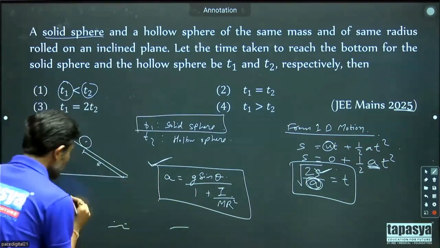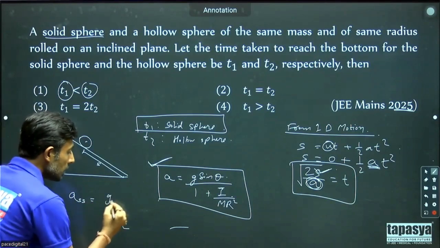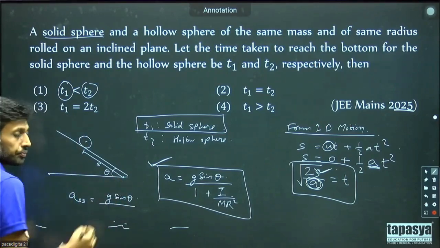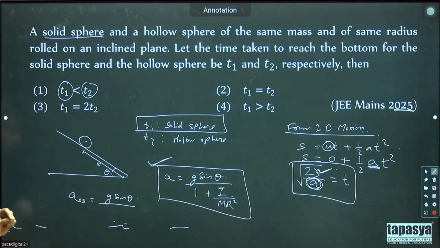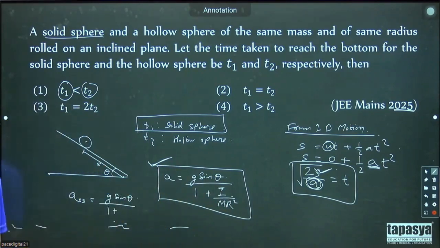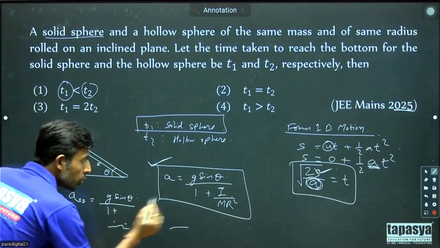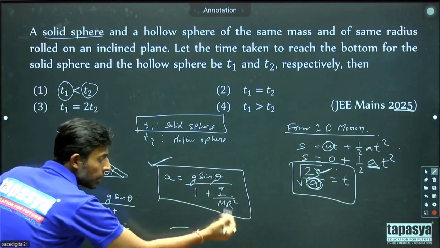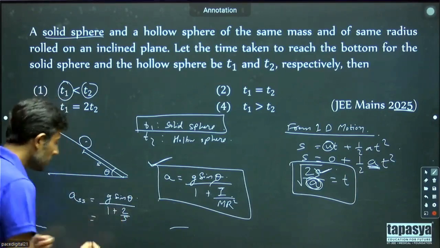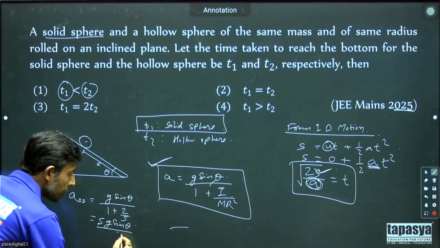Acceleration for the solid sphere is going to be g sine theta, where theta is this angle, and g is the acceleration due to gravity, divided by 1 plus the moment of inertia for a solid sphere. If you remember, it's 2 by 5 mr square. So 2 by 5 mr square divided by mr square, you'll just get 2 by 5. So we are going to get 5g sine theta by 7.